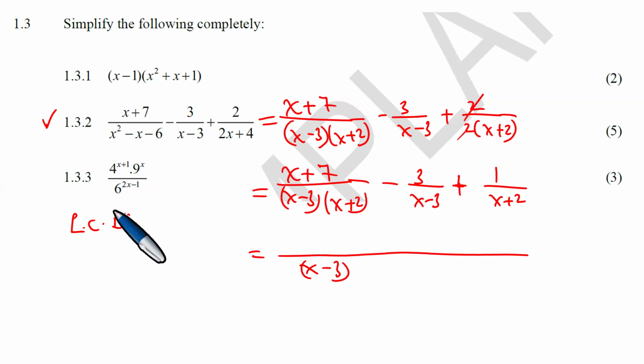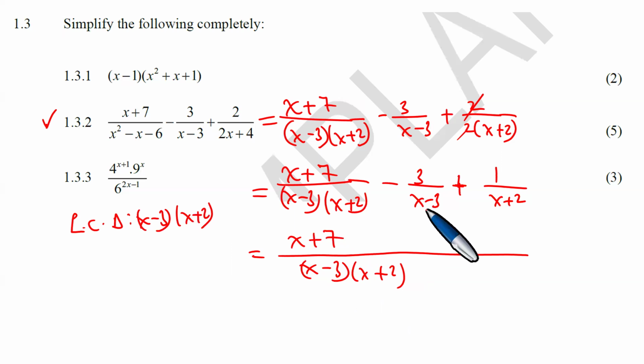So clearly the LCD at this point is x minus 3, x plus 2. You divide this one by this, you get a 1, and 1 times x plus 7 is x plus 7.